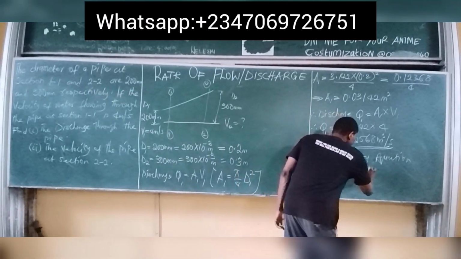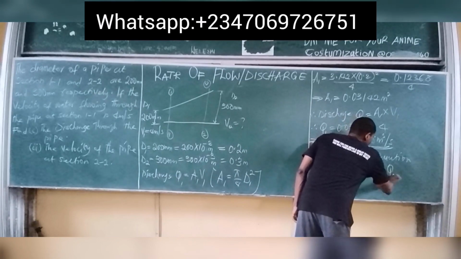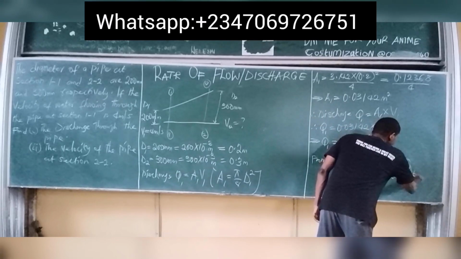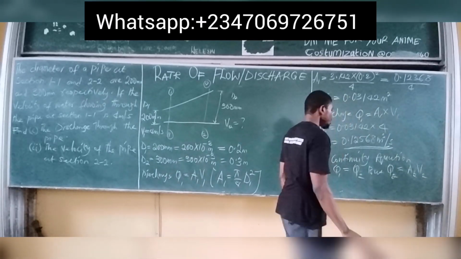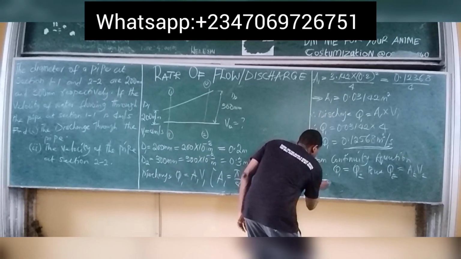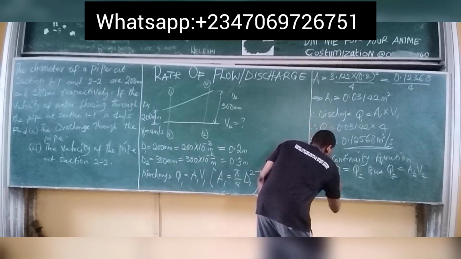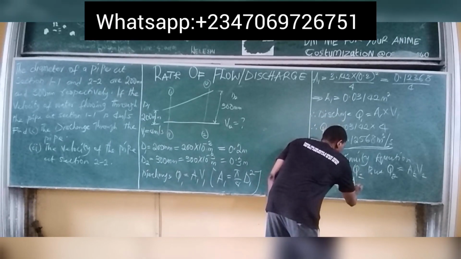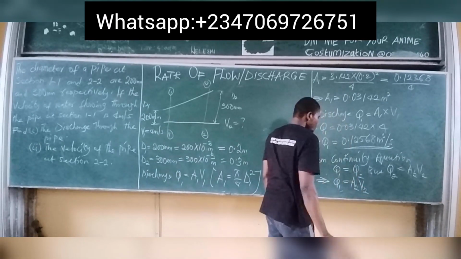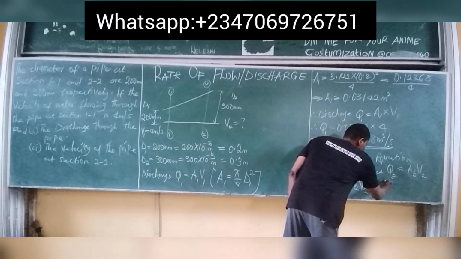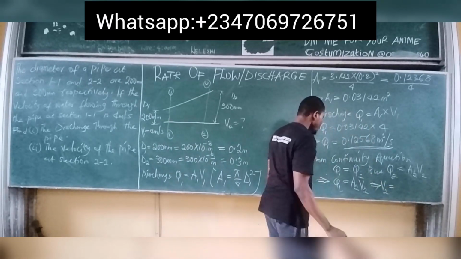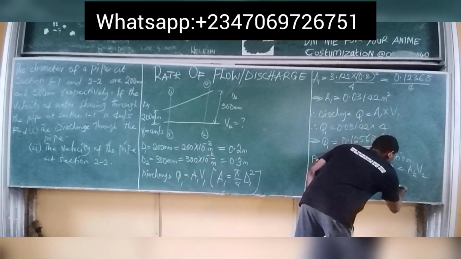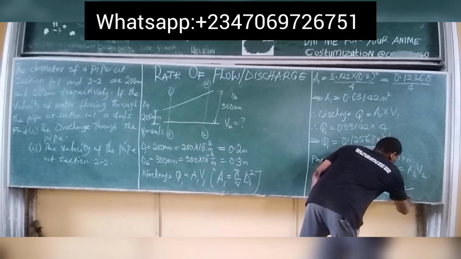But Q2, the discharge at section 2, is simply area at section 2 multiplied by velocity at section 2. So we can rewrite this equation as Q1 equals area at section 2 multiplied by velocity at section 2. From here, we can make velocity the subject. Velocity at section 2 becomes Q1, the discharge at section 1, divided by area at section 2. That gives us Q1 all over A2.